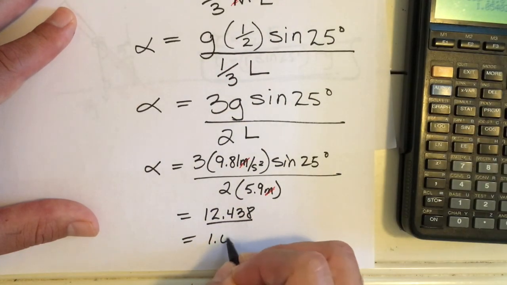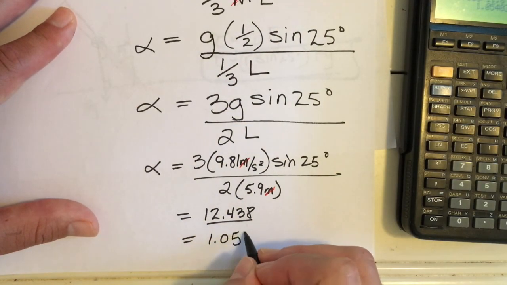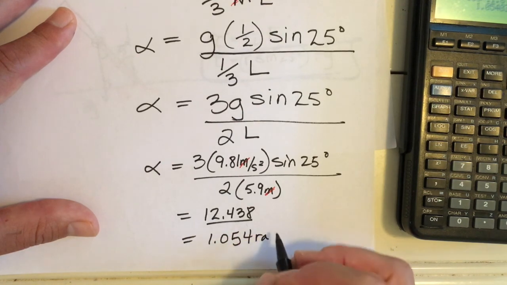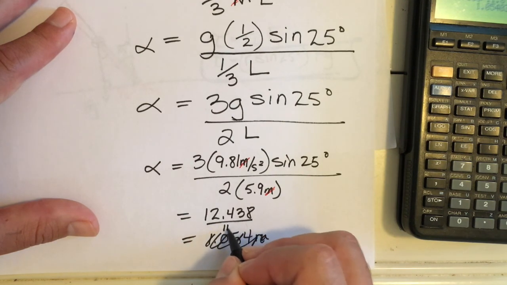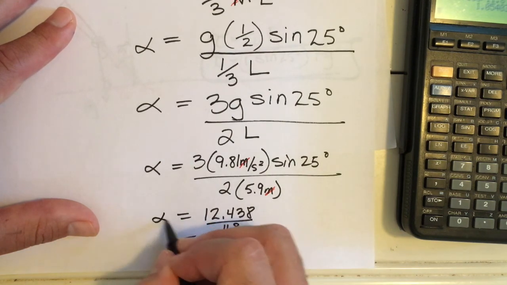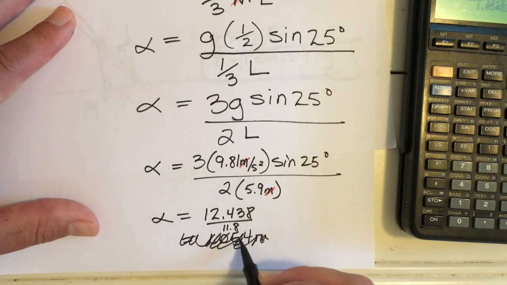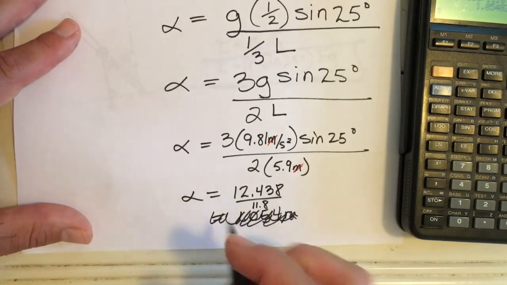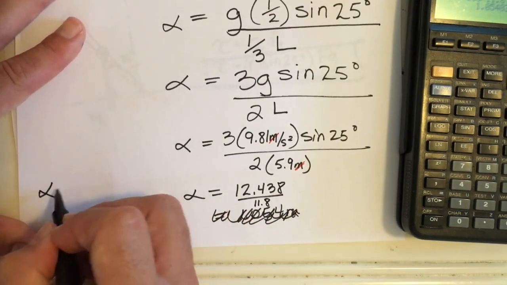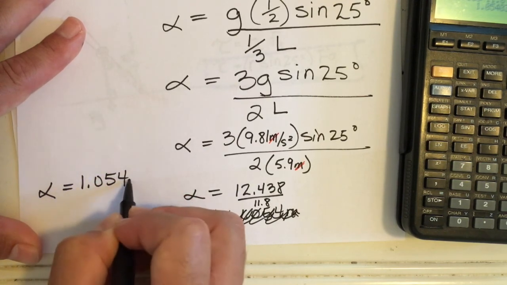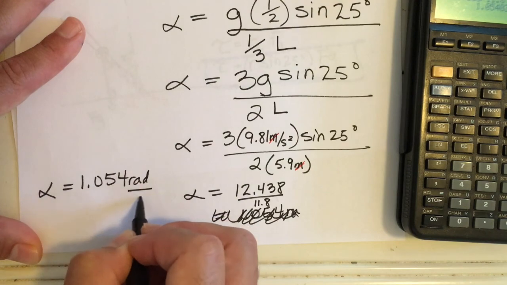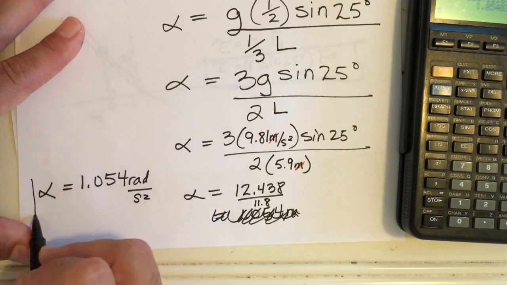I'll go ahead and put the 4 there. 1.054. Whoops. This is rough to look at because I forgot to write 11.8 here. Okay. Let's rewrite that where I have some room. Alpha then is equal to 1.054 radians per second squared.